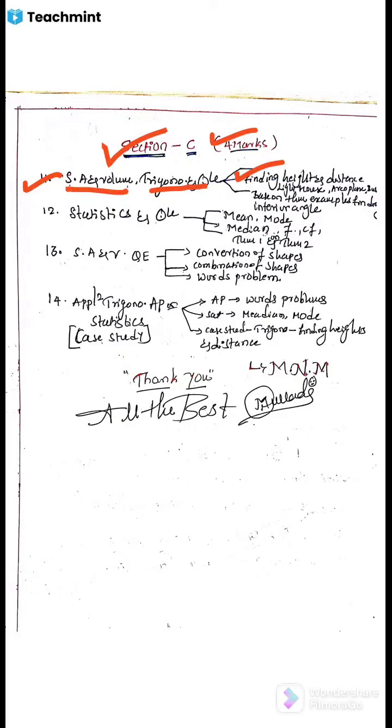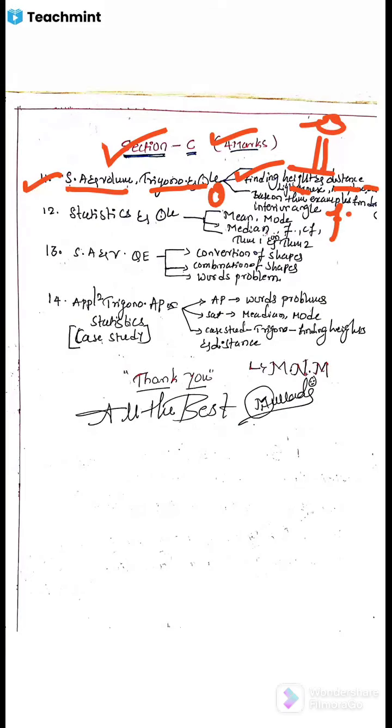Some important questions you have seen many times again and again: the lighthouse example, the aeroplane example, the boat example, and also the distance from the horizontal to the cloud example. You can observe that. Sometimes they will also ask to find the acute angle by using inverse trigonometry.